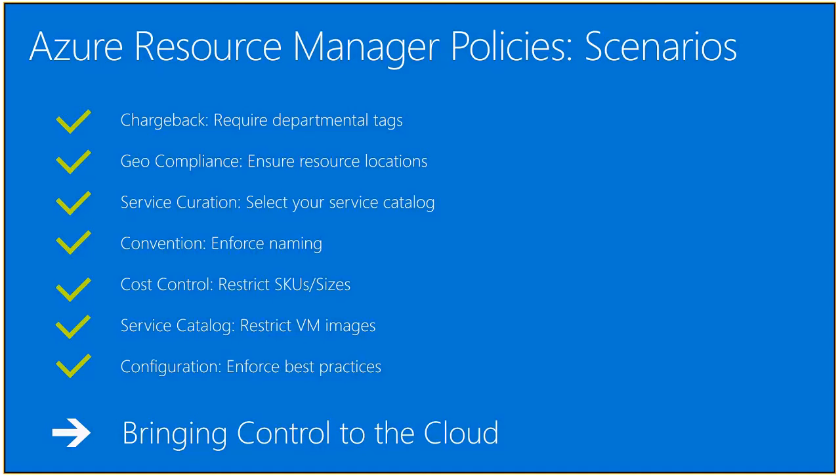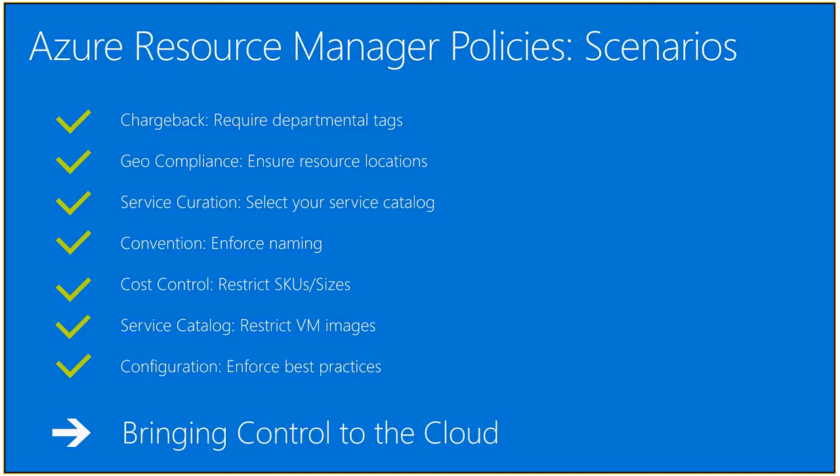The second scenario is geo-compliance. We usually hear this from banks and very big enterprises that have compliance requirements, like some resources can only be in certain regions. For service curation, you can select the service catalog you can have. For example, you can say I only want VM, network, storage, IP addresses in my environment.